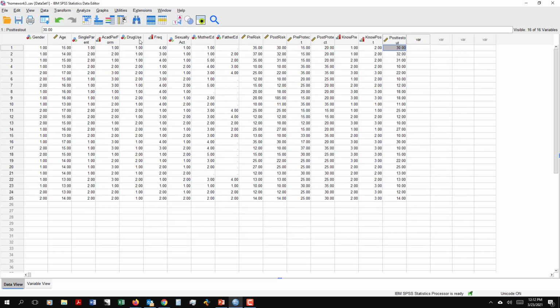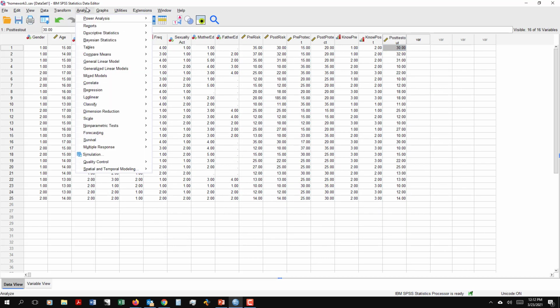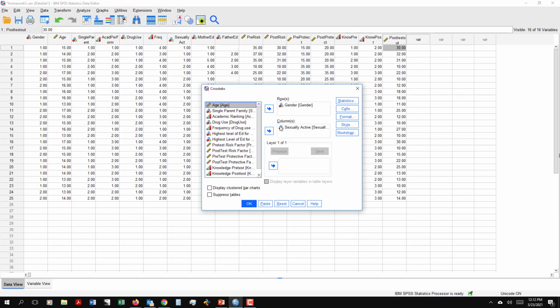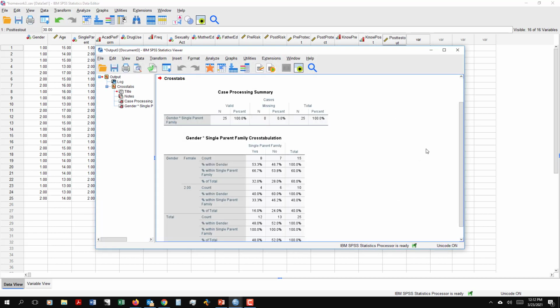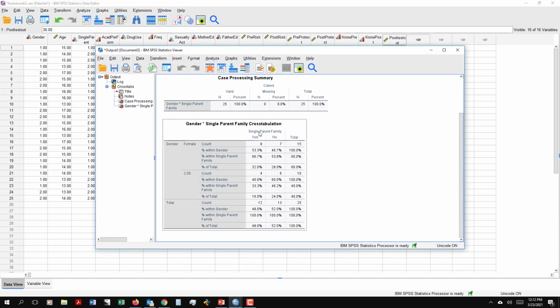So we could actually even just play with it, and we could say crosstabs, and let's put gender, and let's see who about single parent family home. Let's compare those. So here, do you live in a single parent family home?